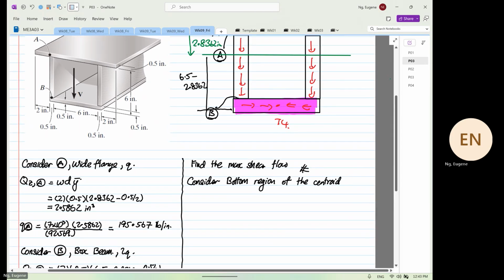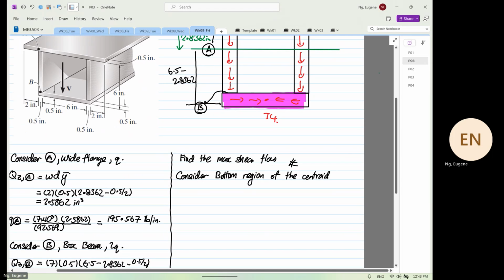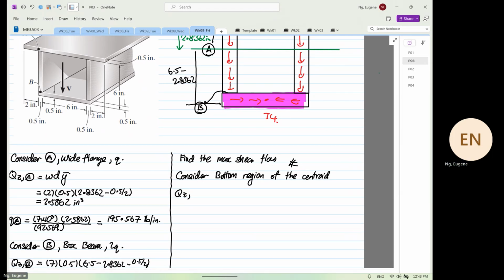We will have Q about our z-axis. This will be equal to QZ of the flange plus the QZ of both the webs.